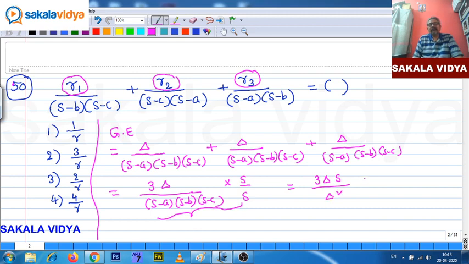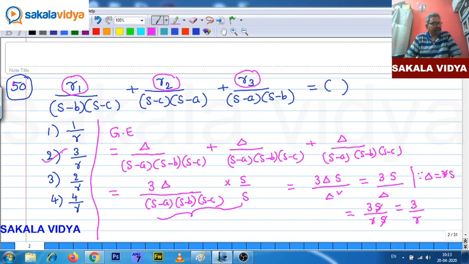This is 3s by delta. We know delta is equal to rs, so we can write 3s by rs. S gets cancelled. We have 3 by r. So the second option is the right option.